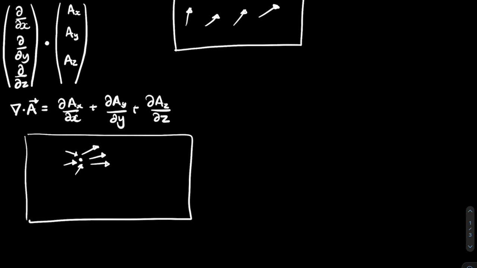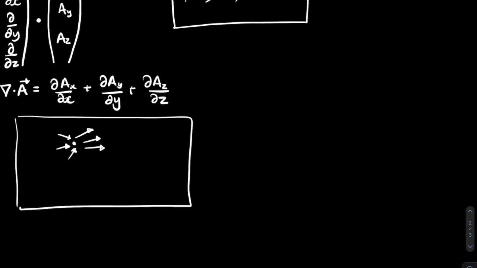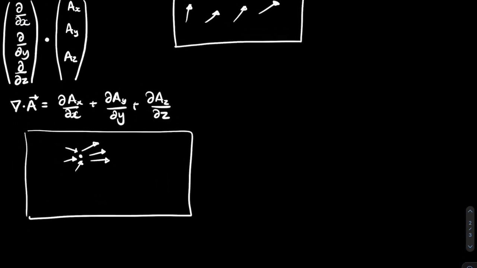So you have vector field entering this point and vector field leaving this point. In theory, not all of the vector field entering will leave this region once again. So we can look at a volume right here, and see how much vector flux is entering and how much vector flux is leaving. And this is exactly what the divergence is.